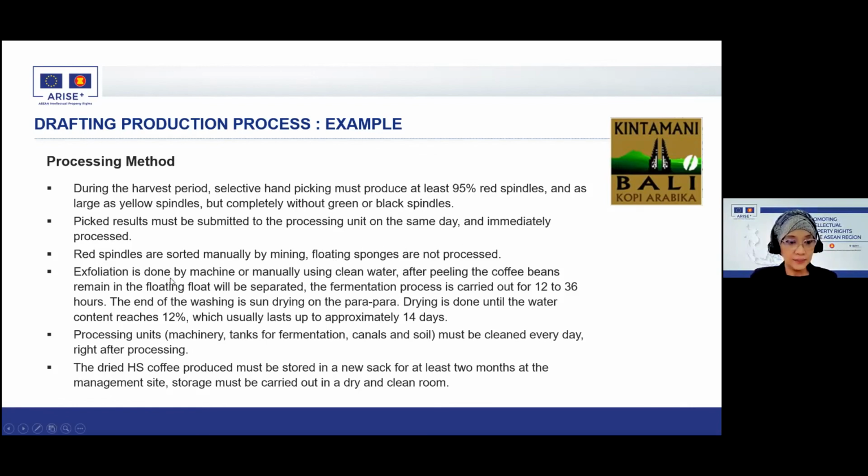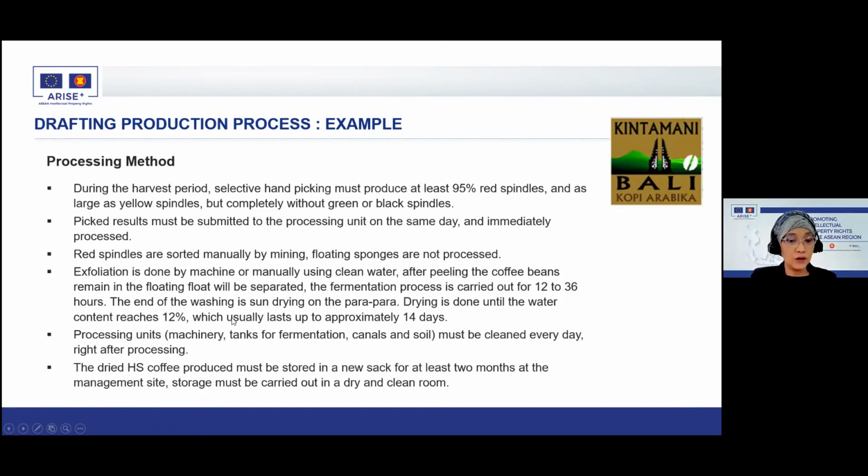Exfoliation is done by machine or manually using clean water after peeling the coffee beans. After peeling, the coffee beans that remain floating will be separated. The fermentation process is carried out for 12 to 36 hours.